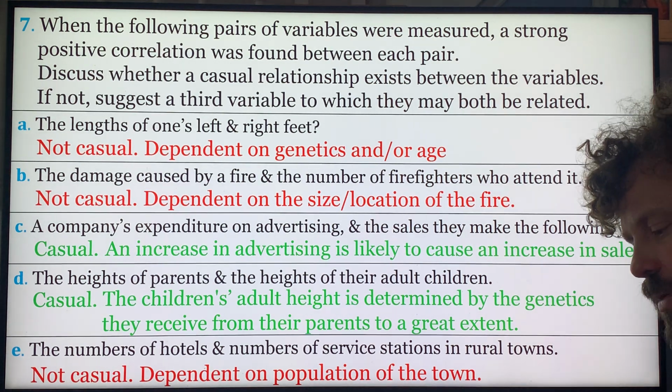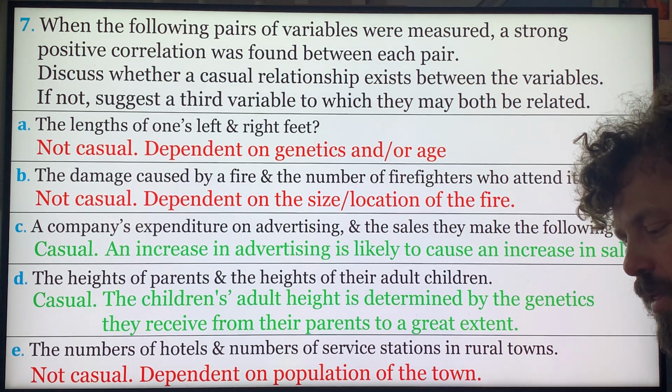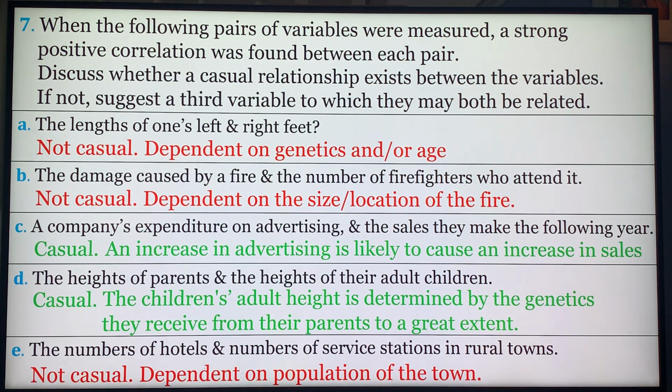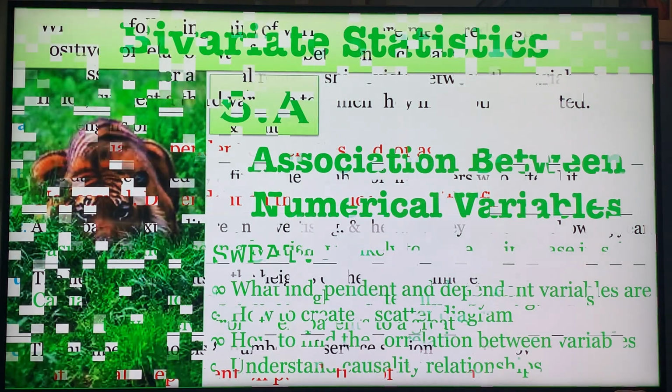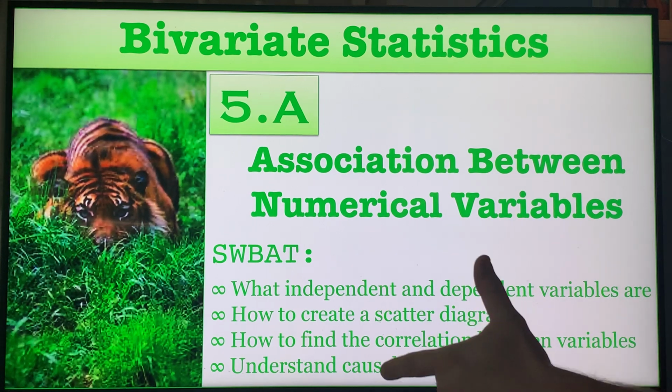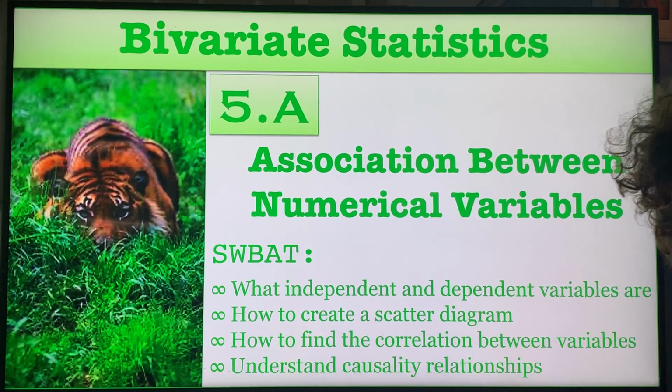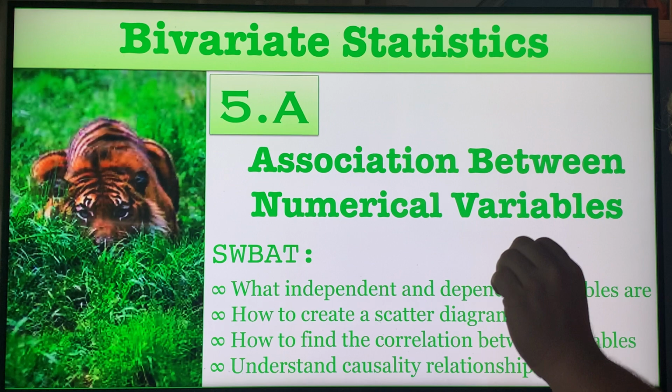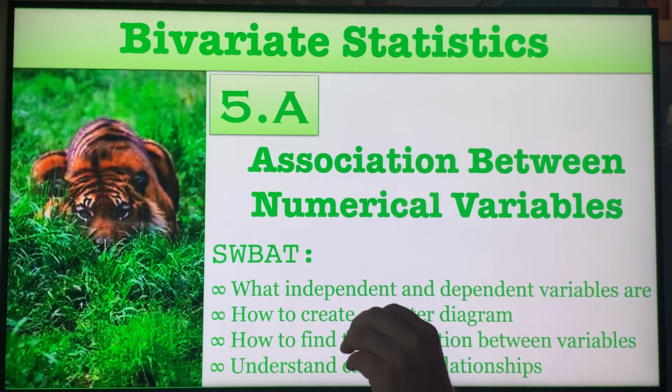And with that, we are going to conclude my first lesson at home. Hopefully this is the only one I have to do here. This is the bivariate statistics, association between numerical values. So this gave you all the words you needed. The key words from today are positive up, negative down, no correlation doesn't mean anything. If a lot of points are tight to the graph, it's strong.